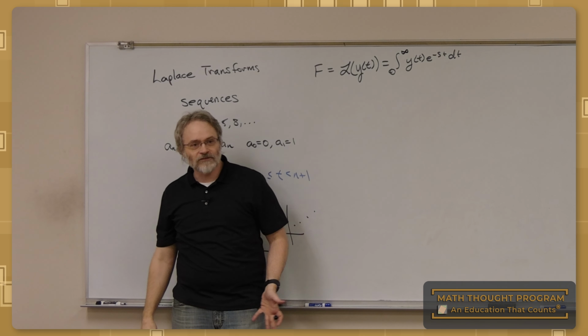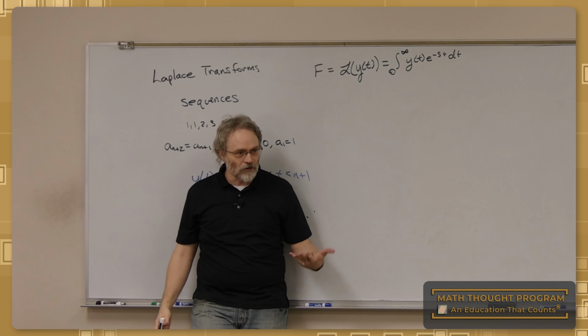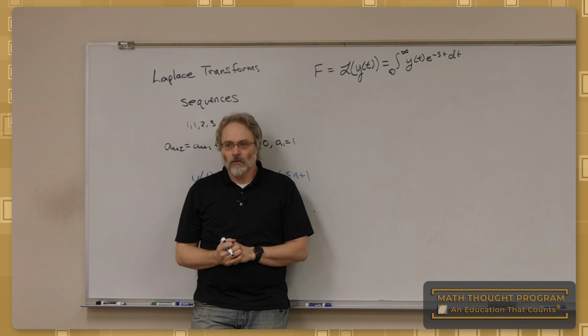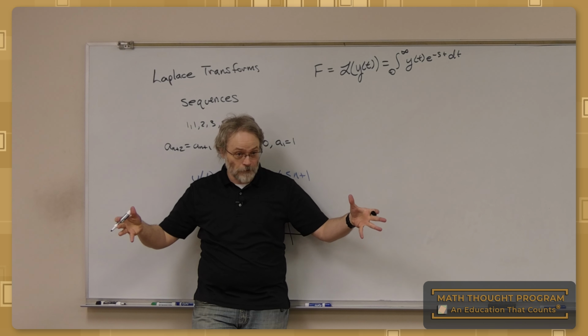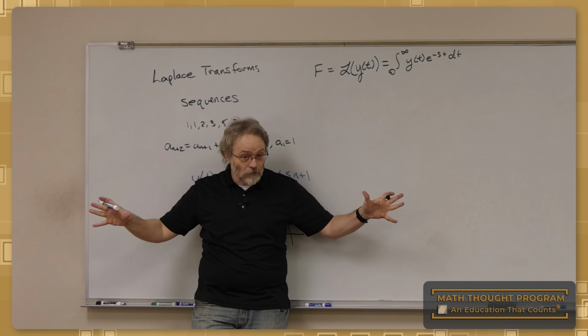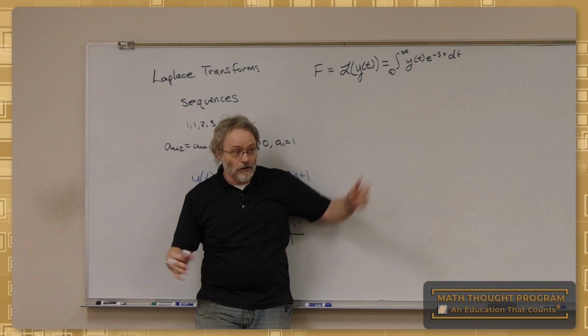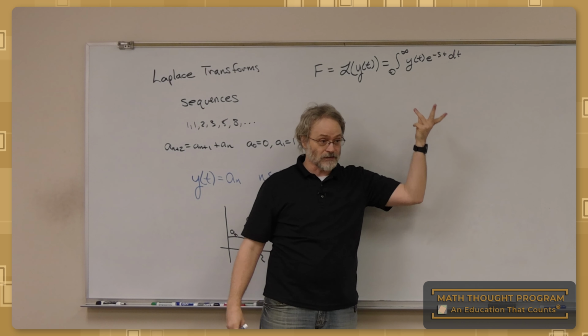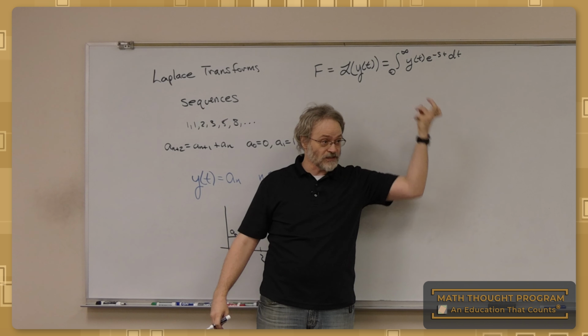But we can start invoking the ideas that we know back from Calculus 1 in terms of integration, where you can take an integral. If it's a well-behaved integral, and these things are definitely tapering off to 0, that's why you need this exponential that's going to send it down to 0 very quickly, so you're going to be okay. But you could take things from 0 to 2, for instance.